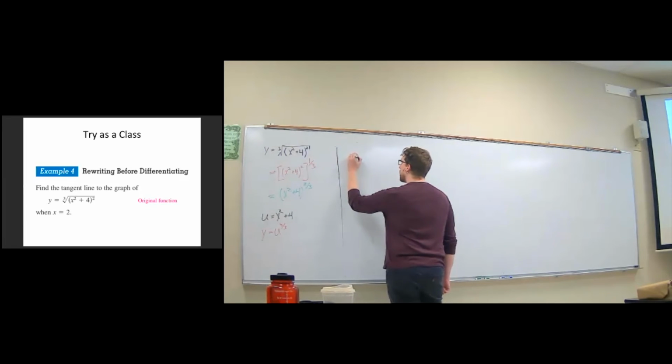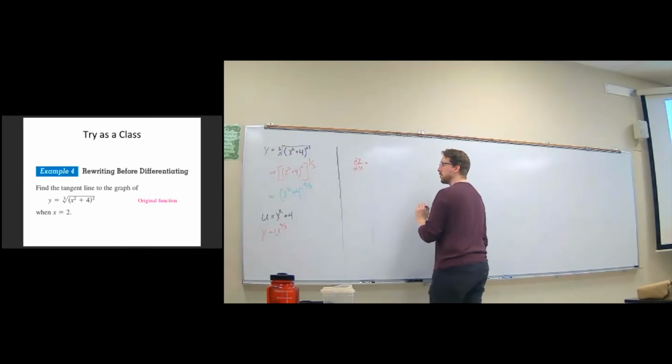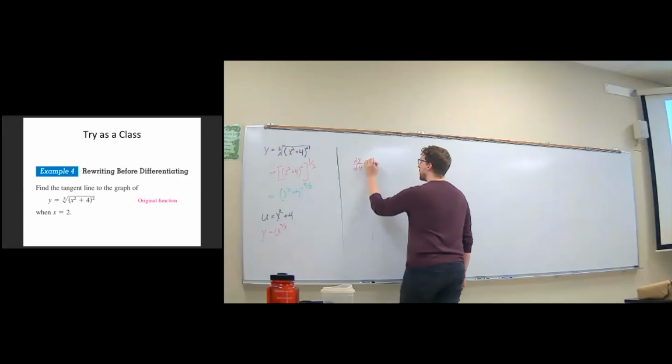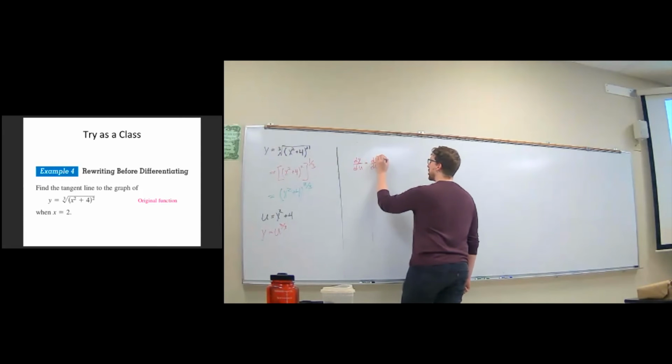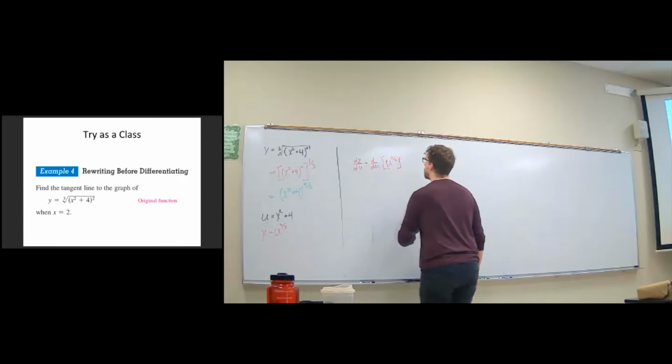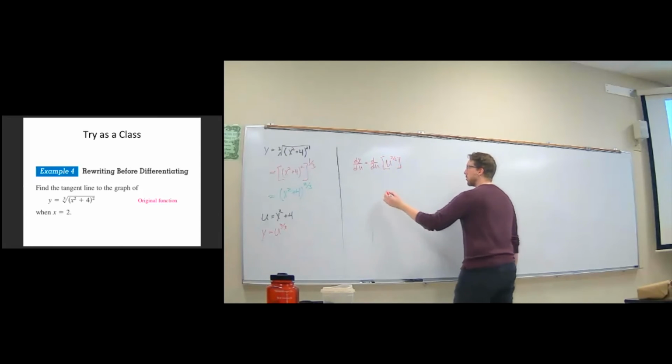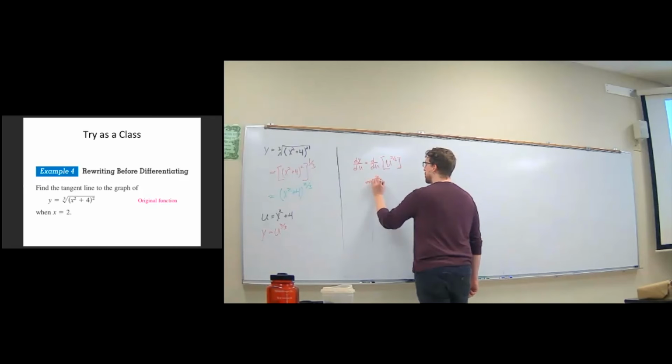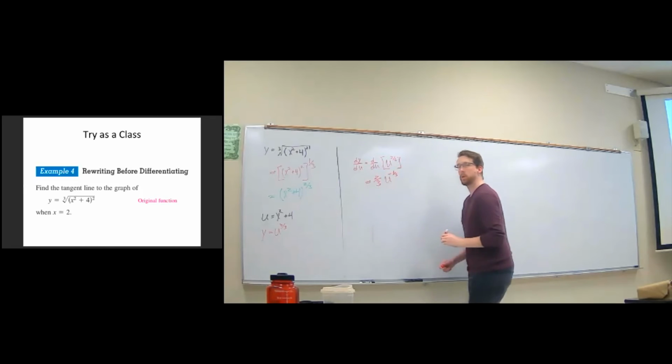So dy du is equal to d du of u to the 2/3, which is equal to 2 over 3 u to the negative 1/3.